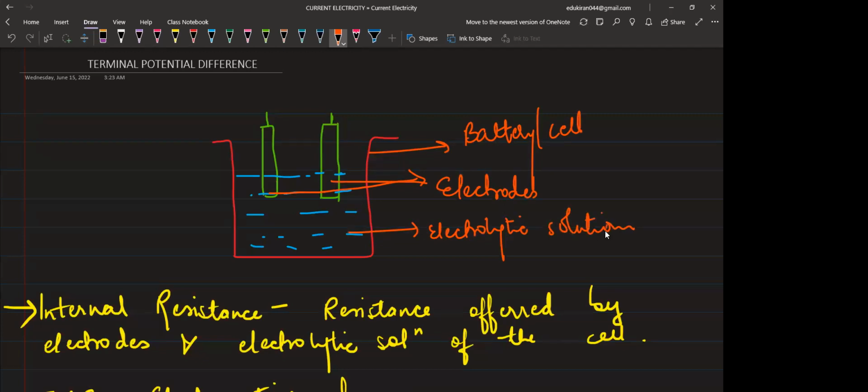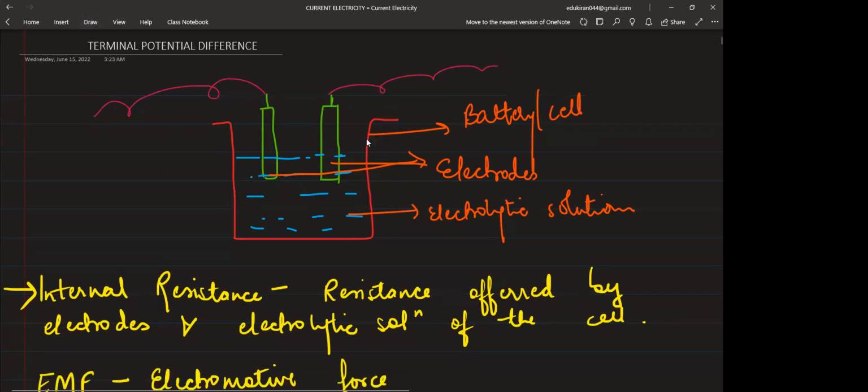Now, what happens in this? These two are further connected to the circuit. When you have this setup, one is positively charged, another one is negatively charged.